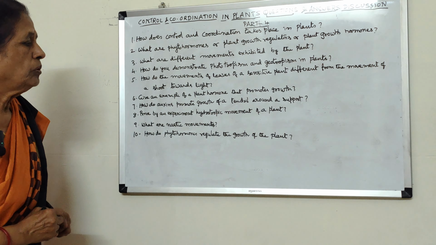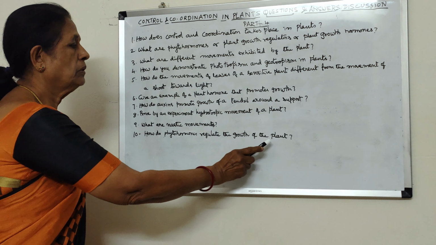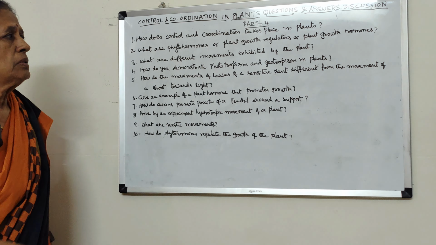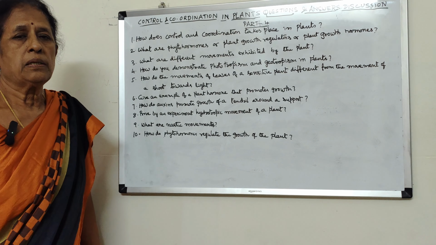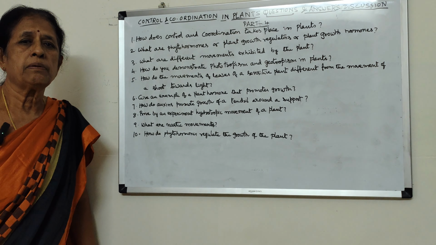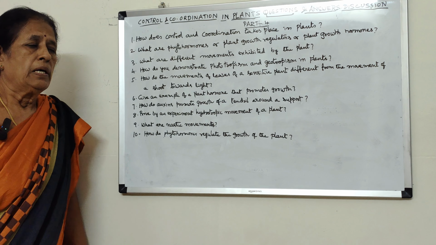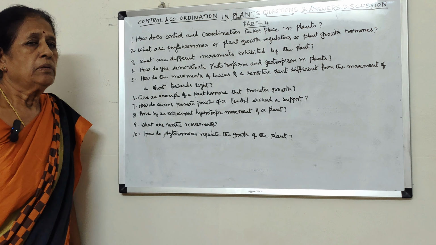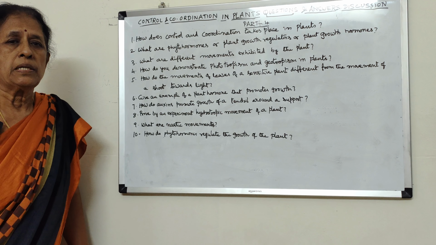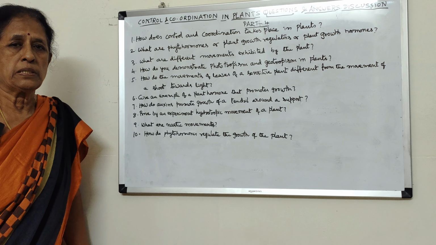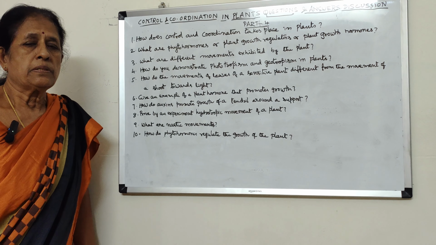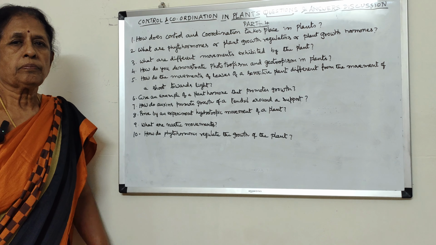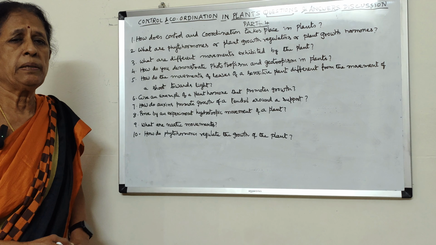And next, how do phytohormones regulate the growth of the plant? Phytohormones, or plant growth regulators, are chemical substances which are produced in different parts of the plant. And how do they regulate? Auxins, gibberellins and cytokinins are plant growth promoters. They help in the growth of the plant, whereas abscisic acid and ethylene are plant growth inhibitors.